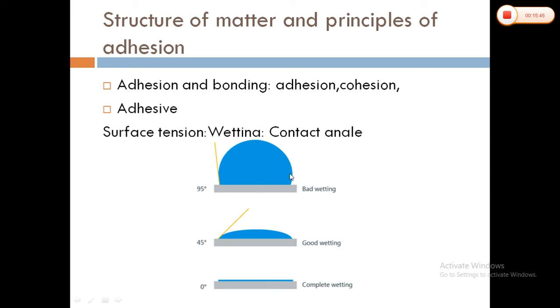If the contact angle is greater than 90 degrees, that means there is high surface tension and decreased wettability. For example, hydrophobic agents will have a higher contact angle. You understood? So this is about adhesion, cohesion, and adhesive. Another property is surface tension, wetting, and contact angle.